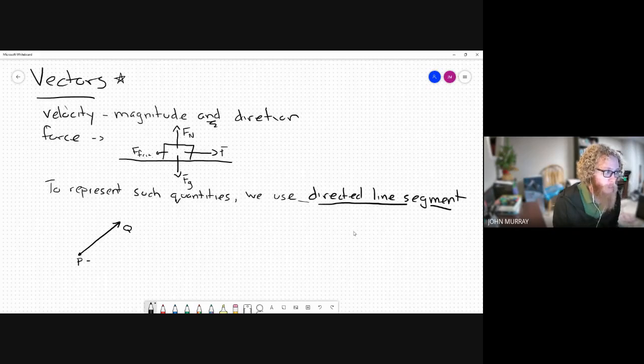Where it starts, where we have the solid dot, and most vectors will have that solid dot there, we call the initial point. And where the arrow is, where it ends, we call the terminal point.